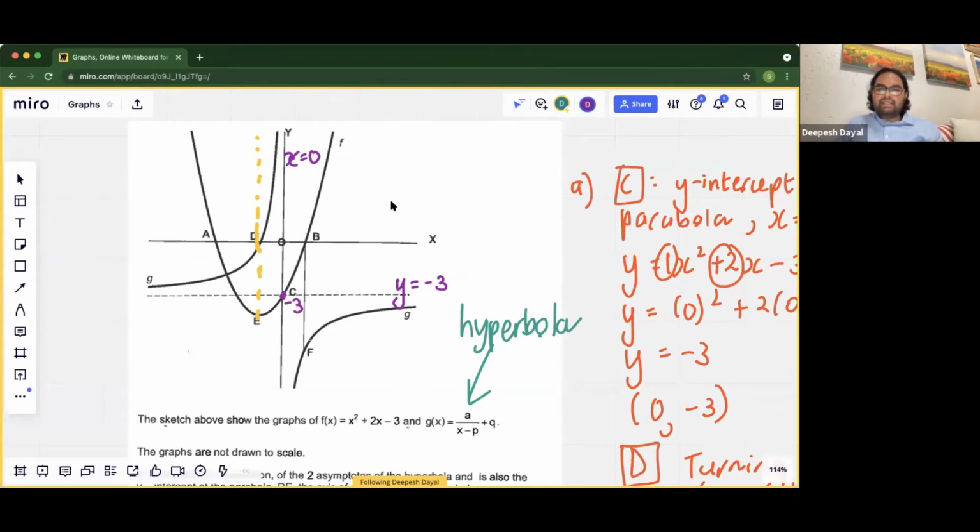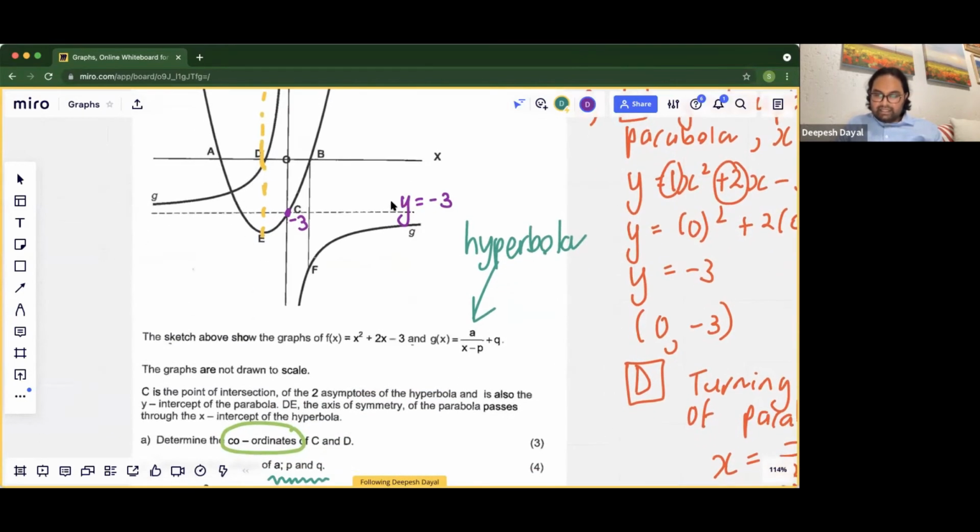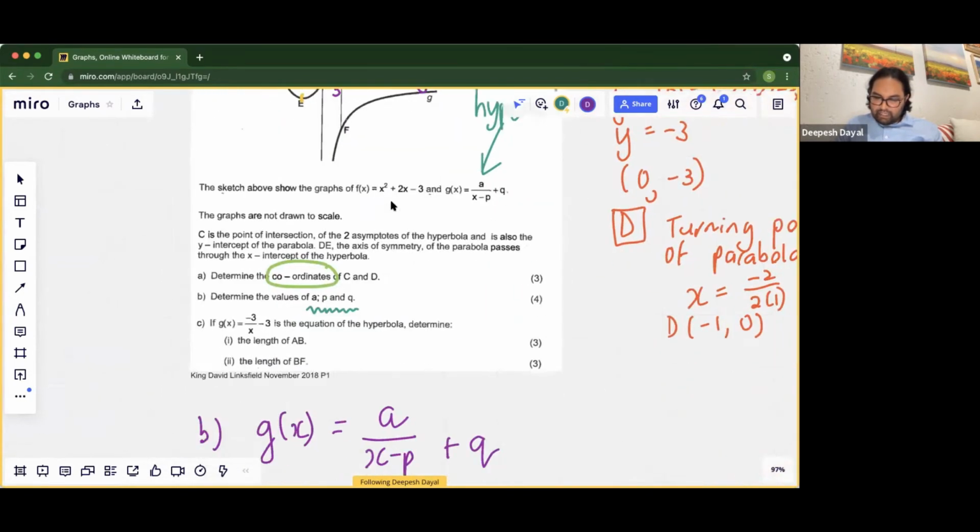Is it A, B, C, D, E, F, G? Which one do we plug in to find a? Thanks, Oratilwe, that's great. It is D, and D is minus 1 and 0, right?